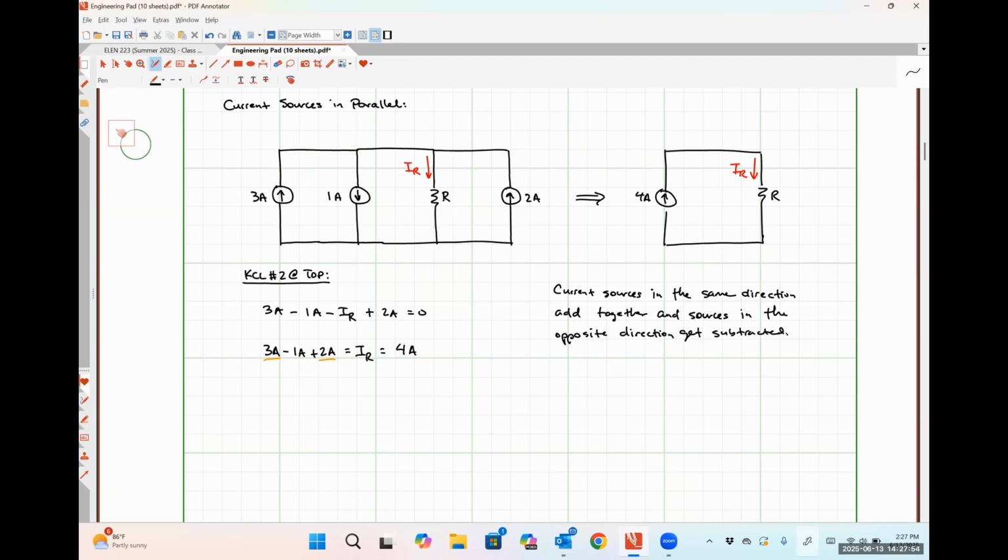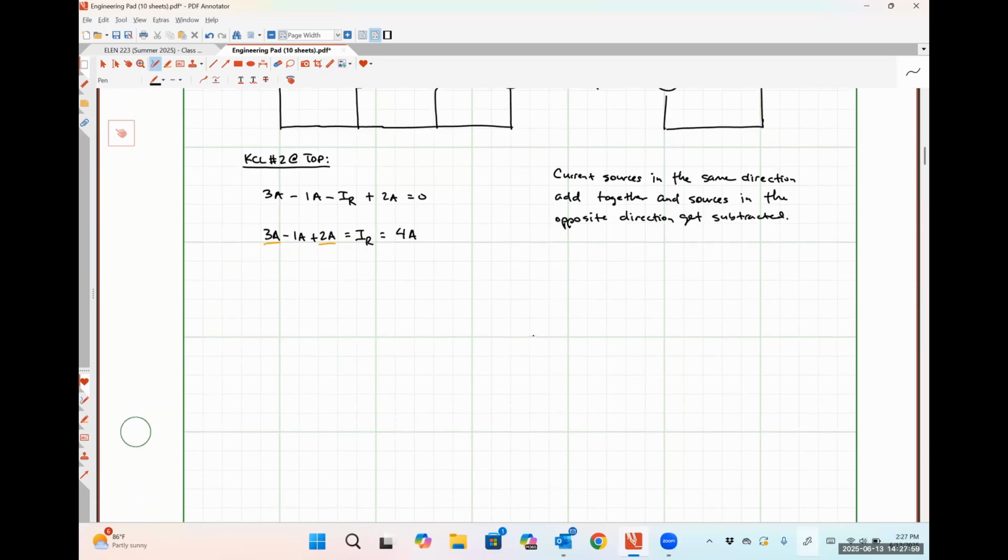Alrighty. So lastly here, we will move on to current sources in series. This is going to be similar to what we did with voltage sources in parallel, where with one small change, we will actually break the rules of circuit analysis. This isn't something that's seen particularly often in real life.